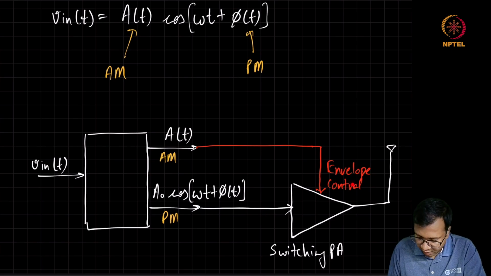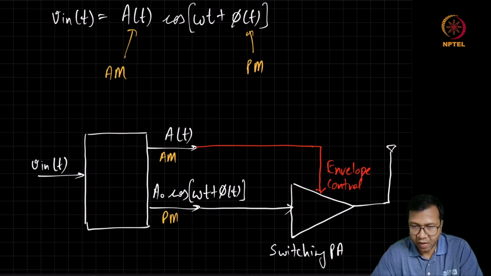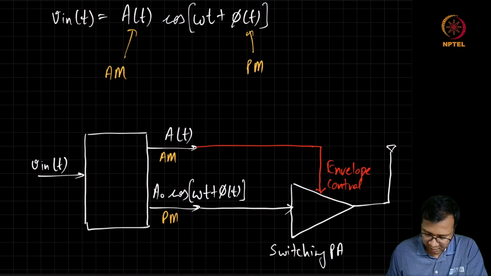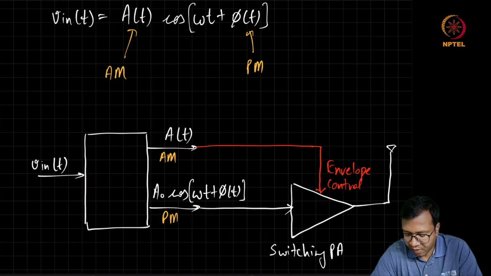If this envelope control is present in this kind of switching power amplifier, then it is possible that we can finally get a non-constant envelope modulated signal while using switching power amplifiers. So we will have high efficiency as well as amplitude modulation. Now this envelope control can be enabled using a digital technique.